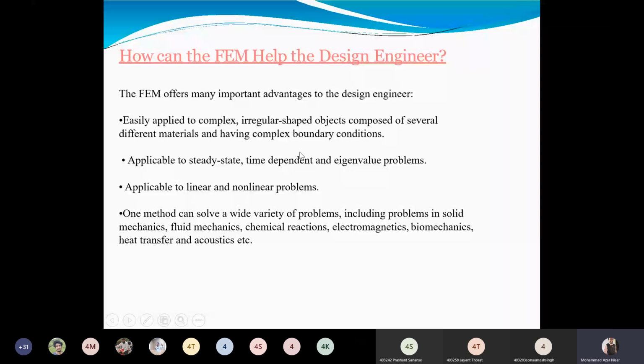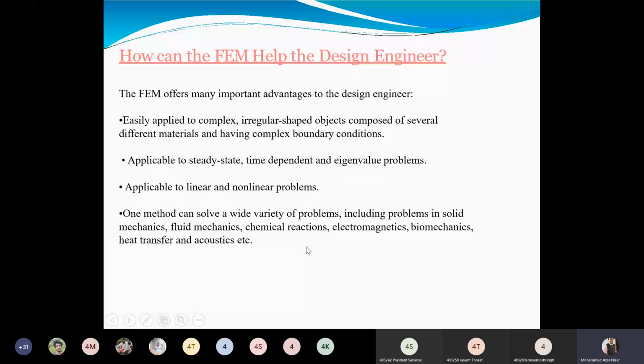So these are some advantages, and it includes problems of solid mechanics, fluid, chemical, electromechanics. If we are studying heat transfer and solid mechanics, only two we are considering. Acoustics are not there.